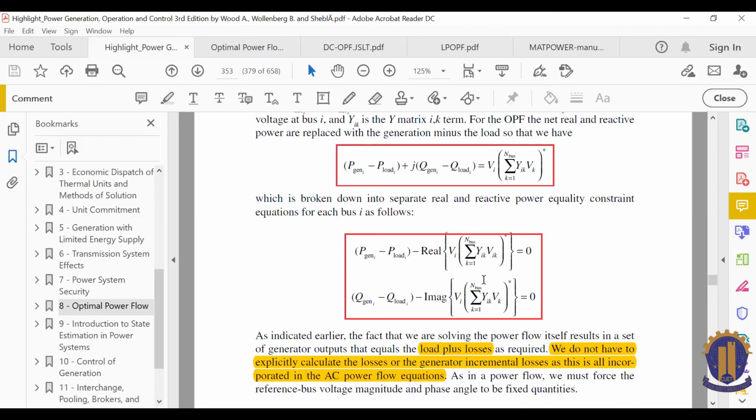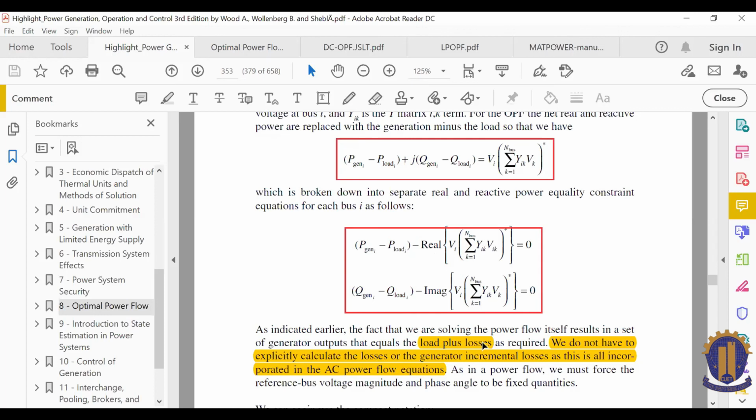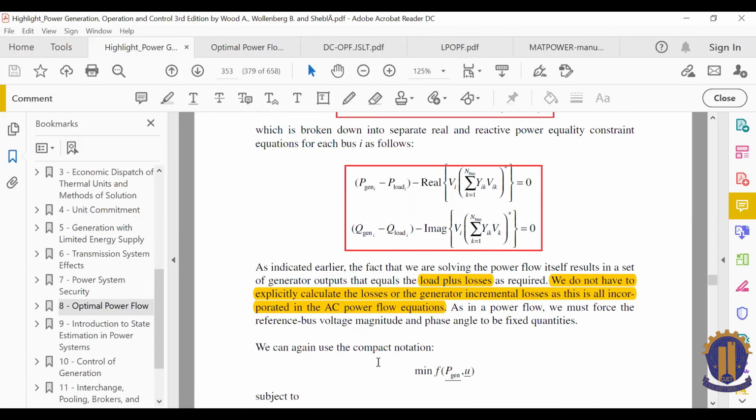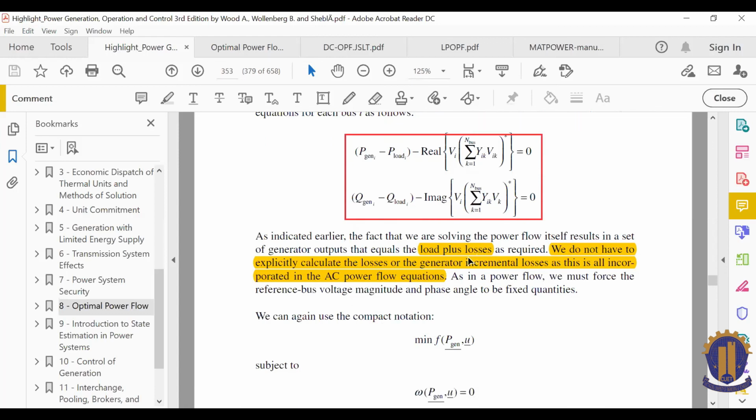We do not have to explicitly calculate the loss or generate incremental loss, as they are incorporated in the AC power flow equation. In this way, we formulate the detailed network and flow in the system.